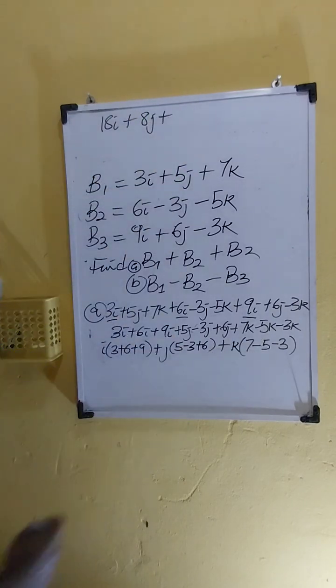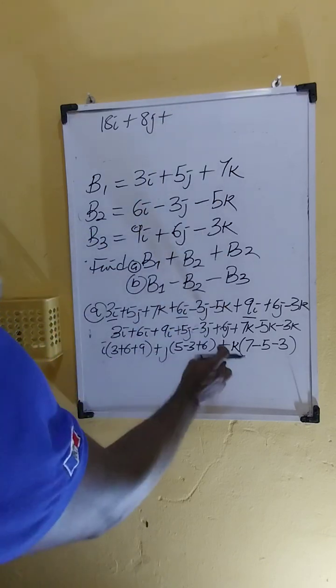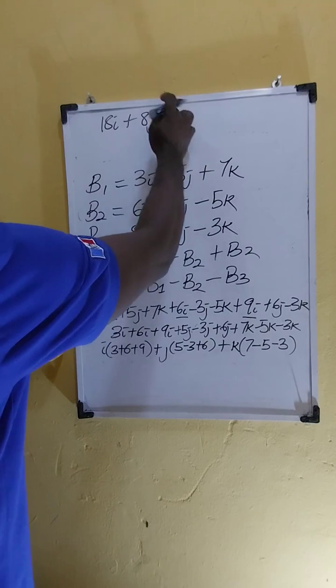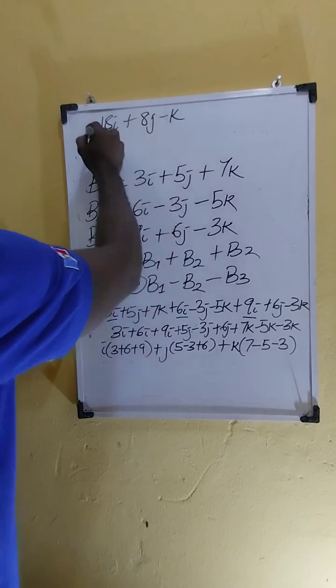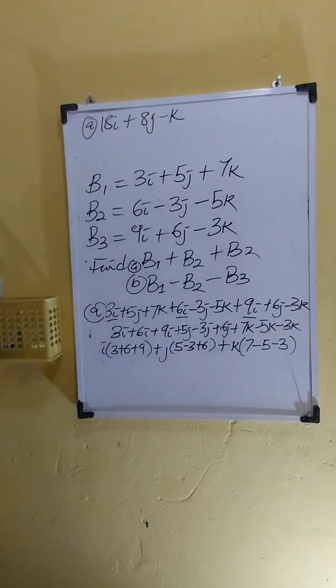Plus, what do we have there? 7 minus 5, 2. 2 minus 3 is what? Minus K. So the minus will affect this. So this is called minus K. So that's for A. Did you get that?